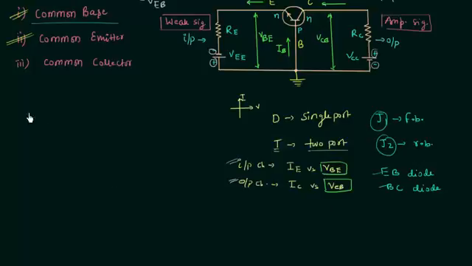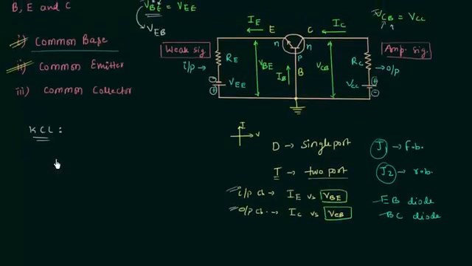In this lecture, I will use KCL to obtain the relation between the emitter current, the base current, and the collector current. We already know from Kirchhoff's current law, the sum of entering current is equal to the sum of leaving current. In this circuit, you can clearly see IE is the leaving current and it is the only leaving current, so it is equal to IB plus IC, because they are entering currents.